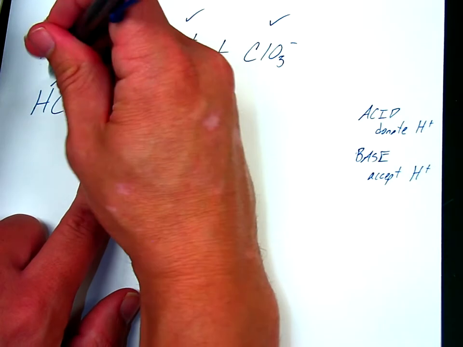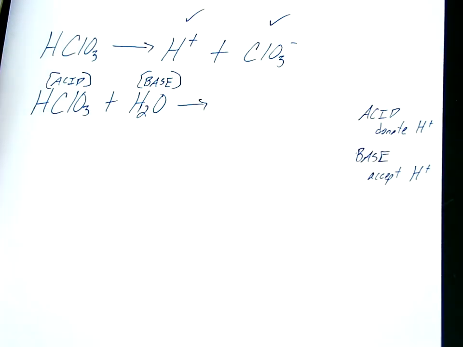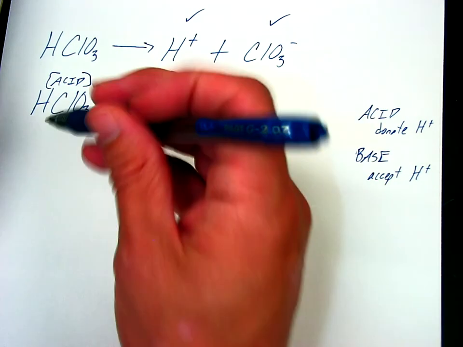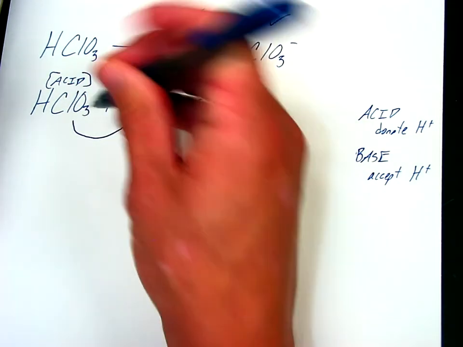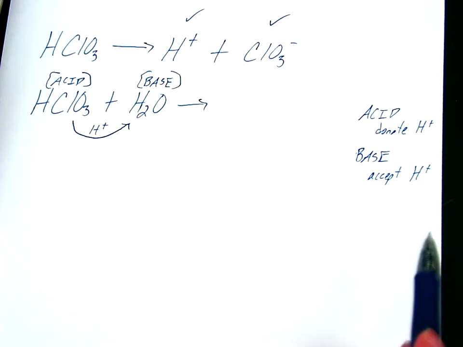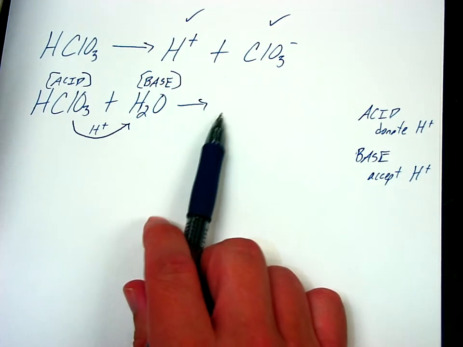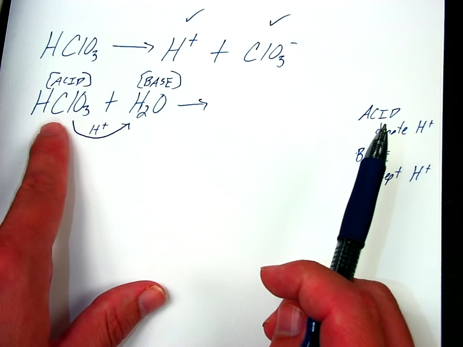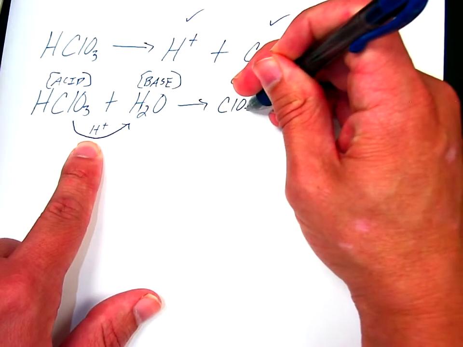All right, so if we follow our Bronsted-Lowry rules under this idea, the acid wants to donate a proton to the base. Therefore, as I go over here, I need to write my acid with 1 less H, which is going to create, guess what?